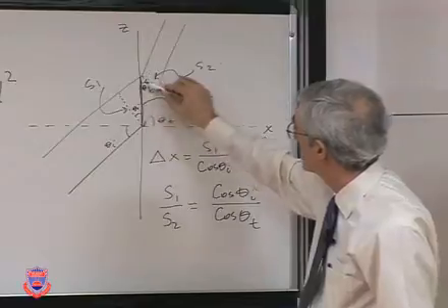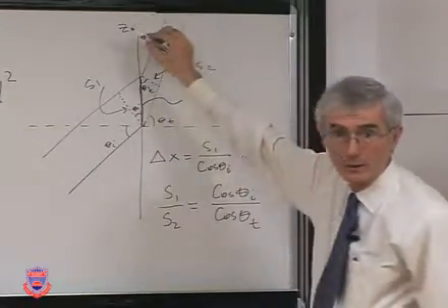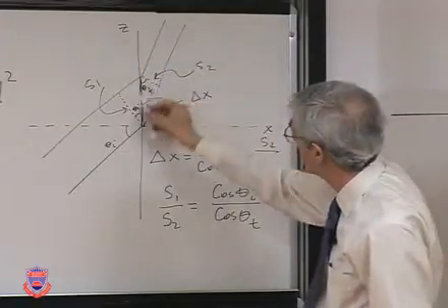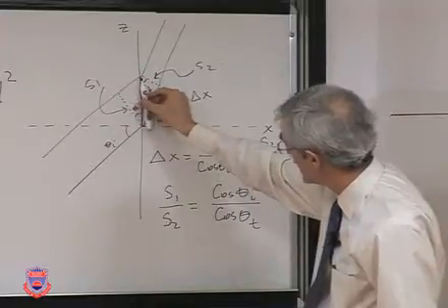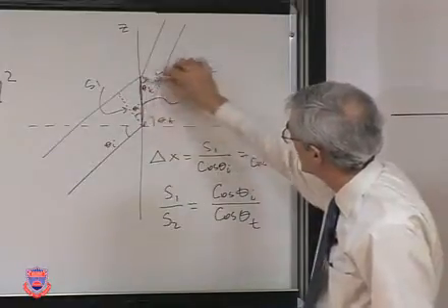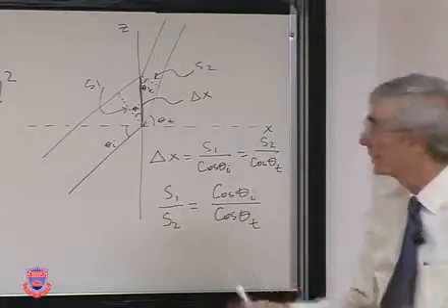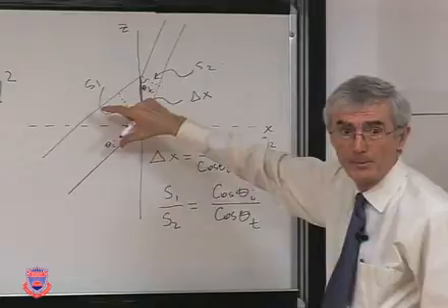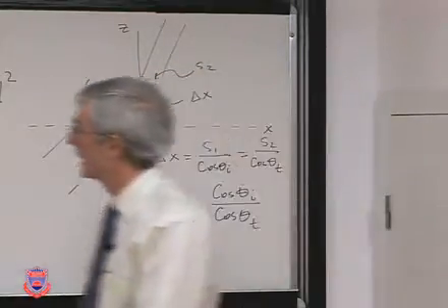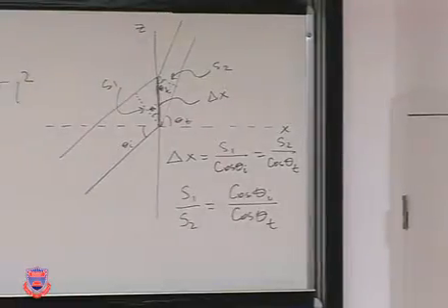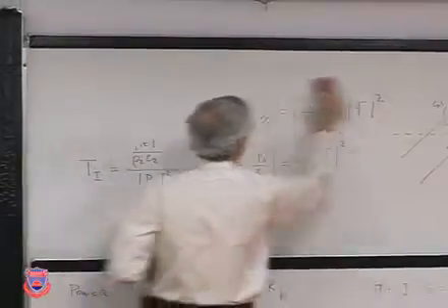The same footprint is giving you the transmitted wave. So this footprint is common to both, so we should be able to find the beam width for the respective area, because that's the amount of energy going through there. So going back and finding out what the transmitted power is.